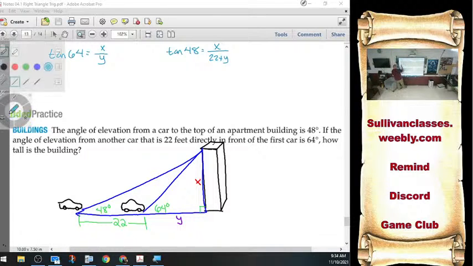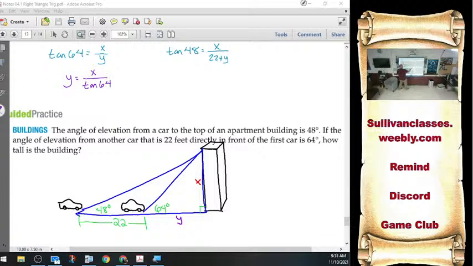Swap my means and extremes. Y is x over tangent of 64. 22 plus y is x over tangent of 48.